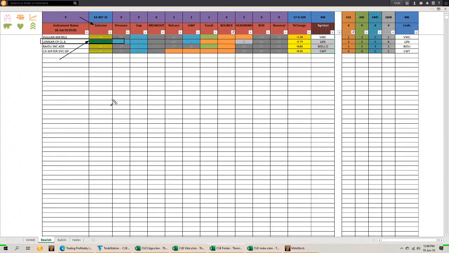I don't have to take only trend following short trades. Because Lennar is at price extreme high and it touched a memory resistance, bounced down from the memory resistance and went down yesterday by minus 0.75%, it could give a very low risk shorting opportunity.